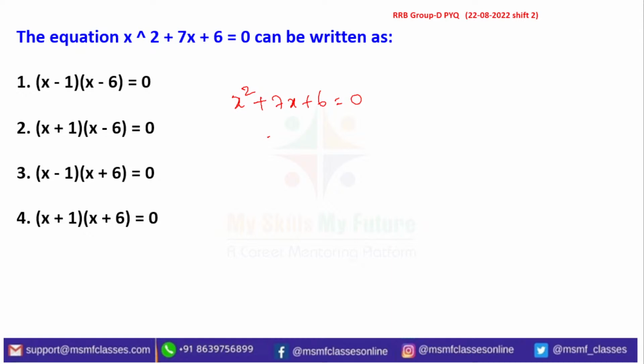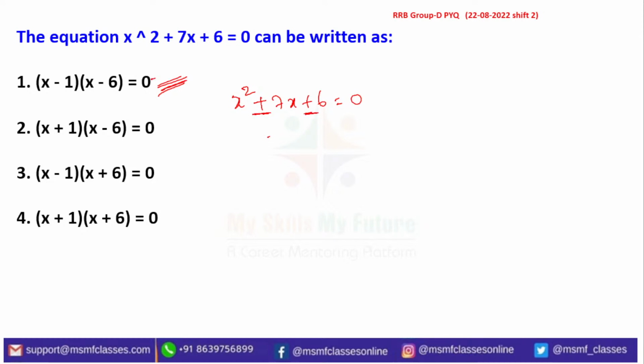If you see option 1, we get minus 7x, x into x minus 6, minus 1 into x minus 1. Here we get minus in the terms, but the coefficient of x is plus and the constant is plus.